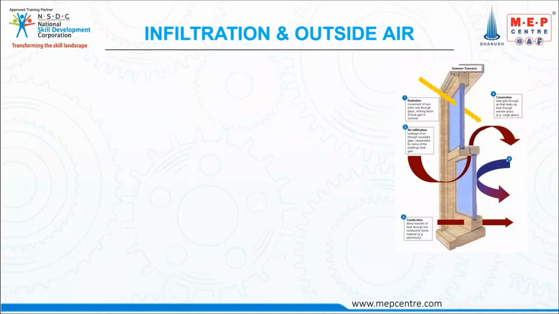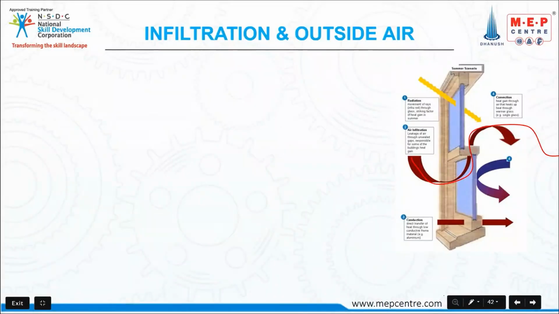Next, infiltration and outside air. Infiltration means the air which is entering from the gaps of the doors and windows. Doors है, windows है, वो doors and windows के हिसाब से कुछ gap से कुछ air आता रहेगा ना outside से. That air is cold air or hot air?